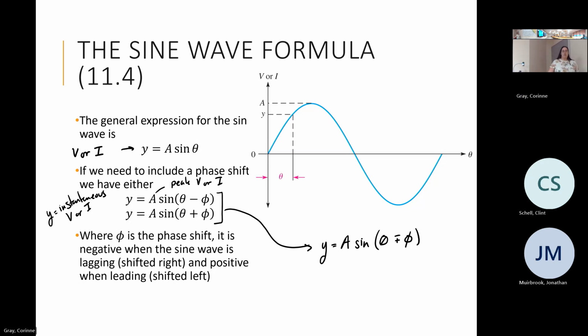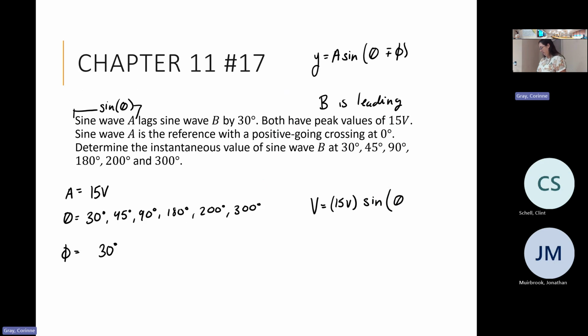So B is leading, so we are going to want the positive phi value. Because we're looking for the instantaneous values of sine wave B and B leads, it is going to be positive 30 degrees.